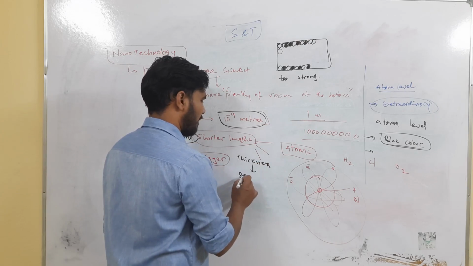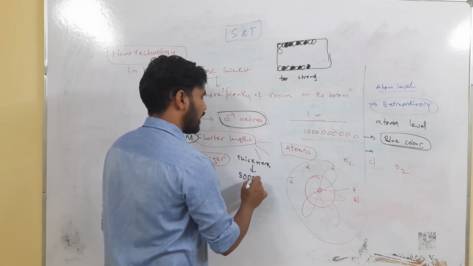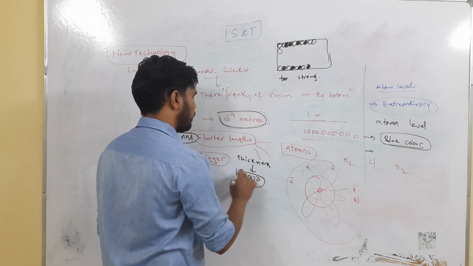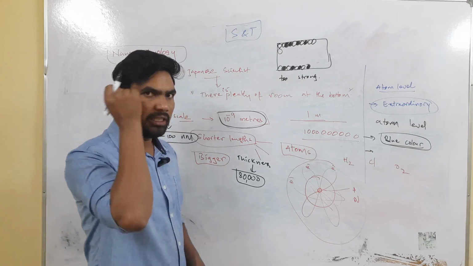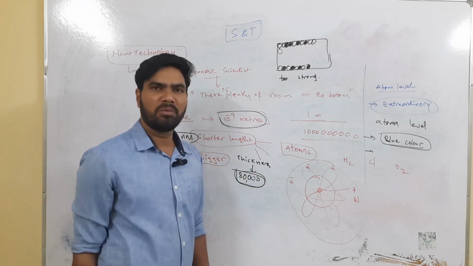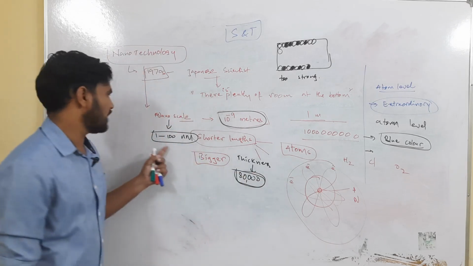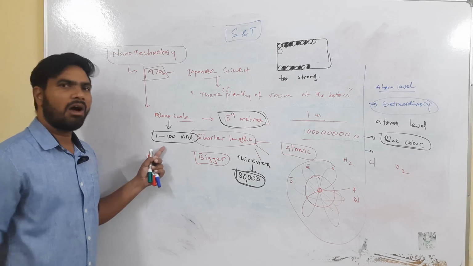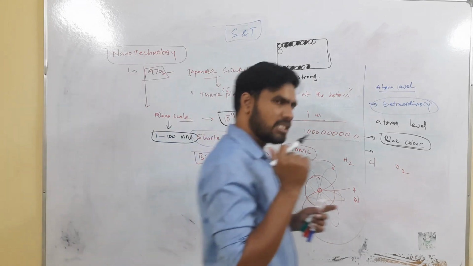Can you imagine? It is 80,000 nanometers. So imagine the scale of 1 to 100 nanometers. How much smaller it will be.